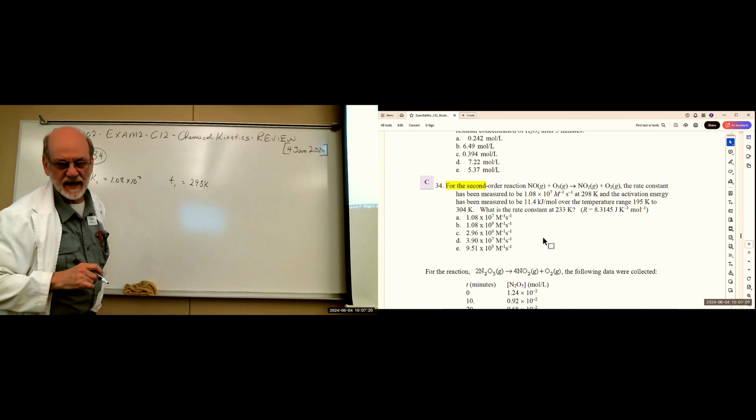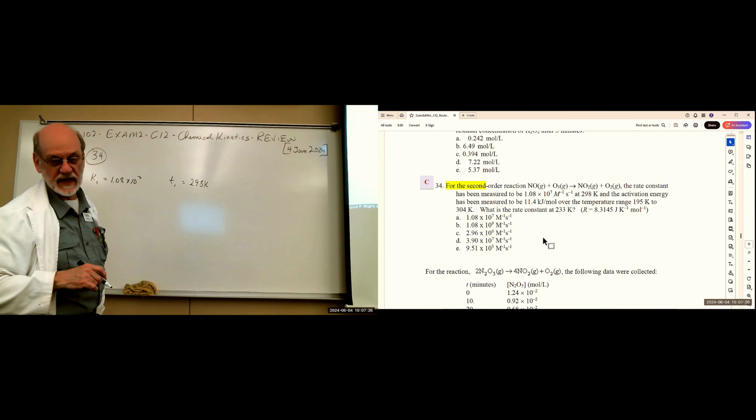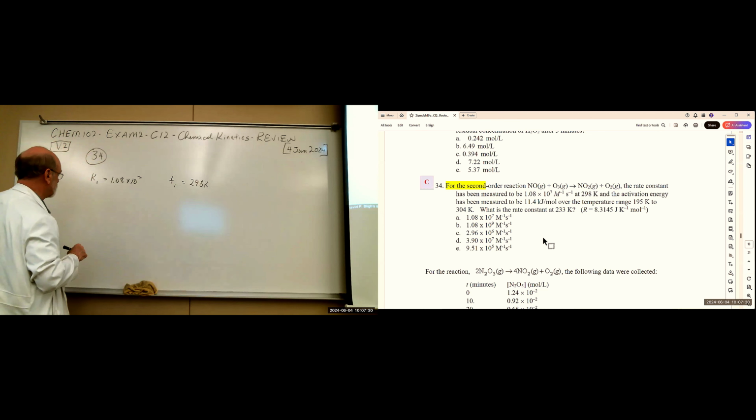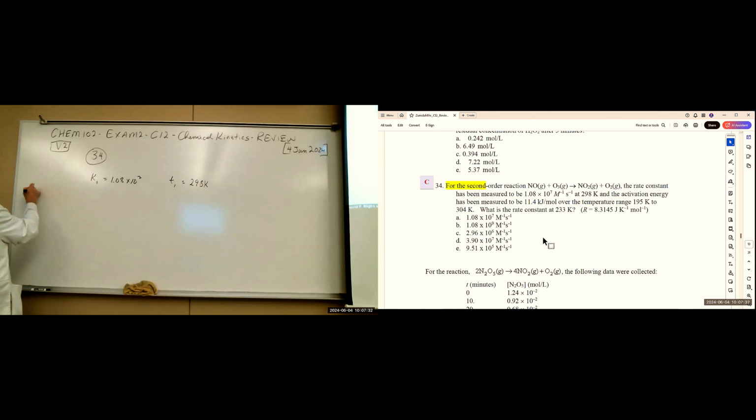And the activation energy has been measured at 11.4 kilojoules per mole. So E sub A equals 11.4 kilojoules per mole. But remember, any equation that we're going to use where R is involved, it has to be in joules.